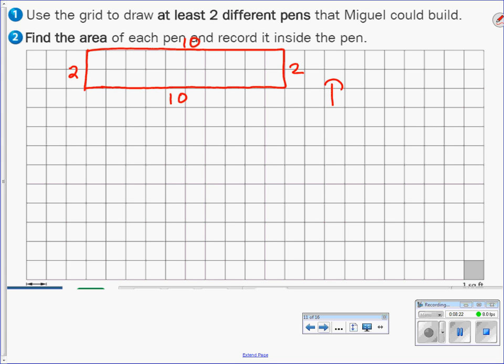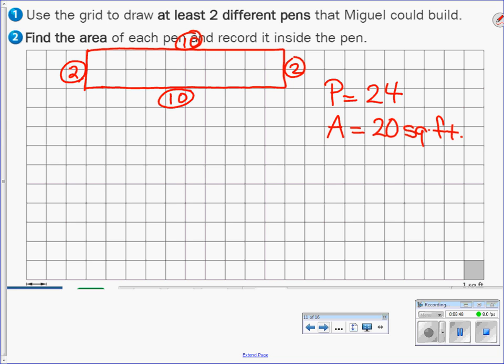So my perimeter is going to be 10, 20, 22, and 24, which we knew that's what it should have been. So what would be my area of this pen would be 2 times your 10, which would give me 20 square feet.